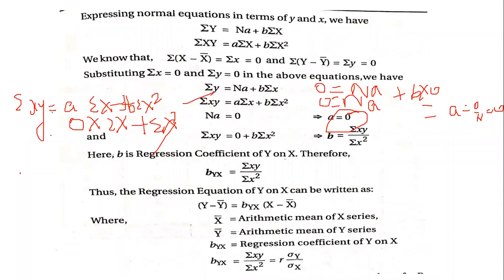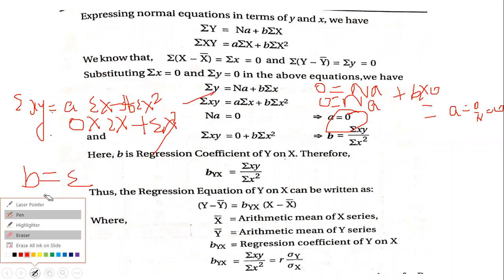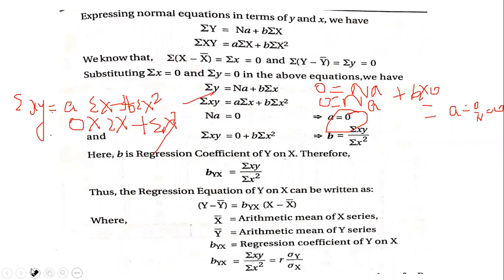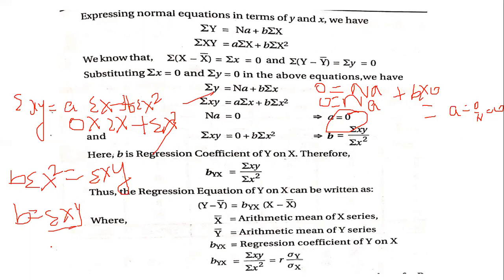So then what will happen? b into sigma x square is equal to sigma xy that will be remaining. So b is equal to sigma xy by sigma x square. This is the value of b you get when you substitute sigma x and sigma y as 0.